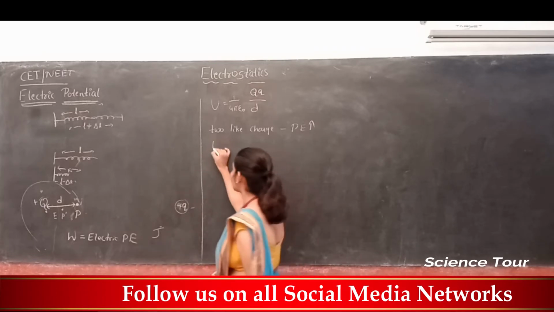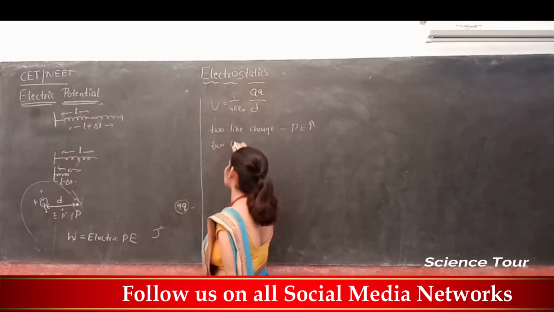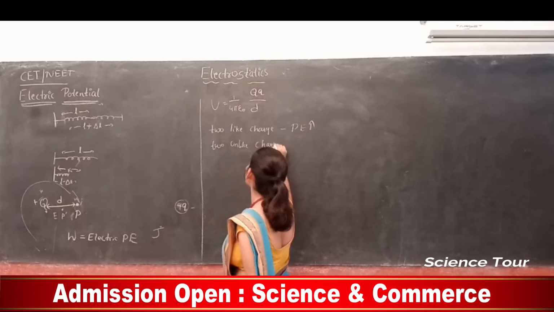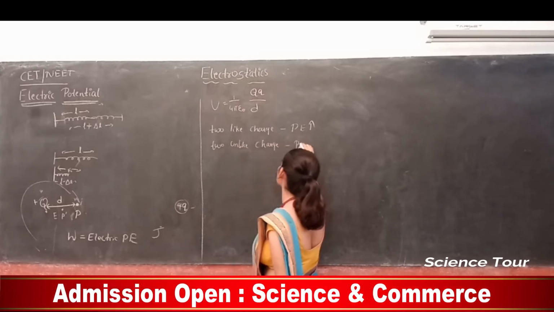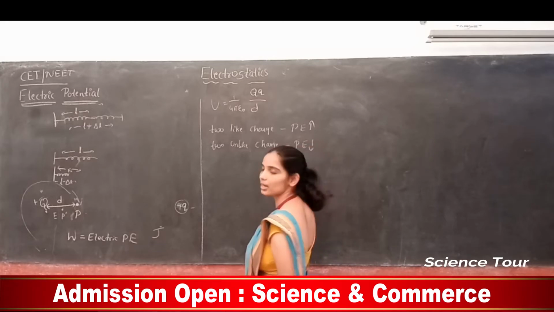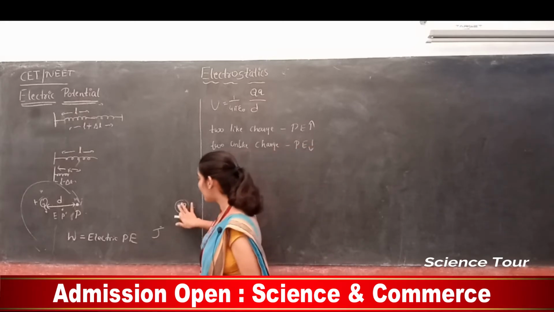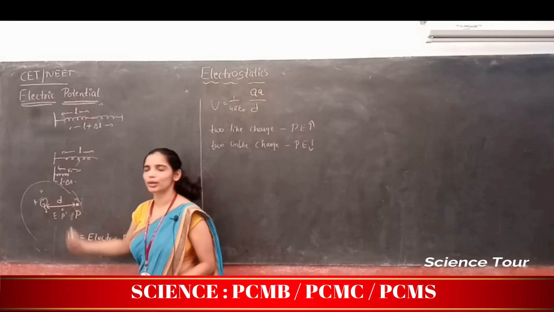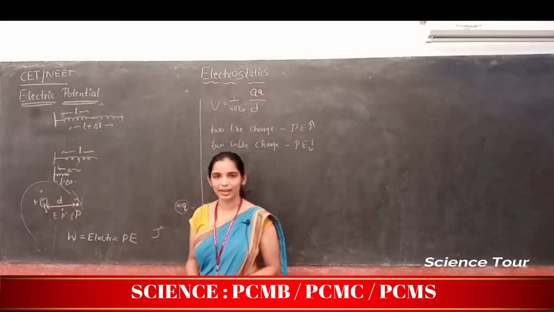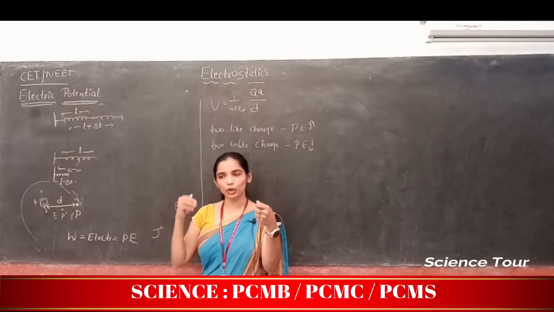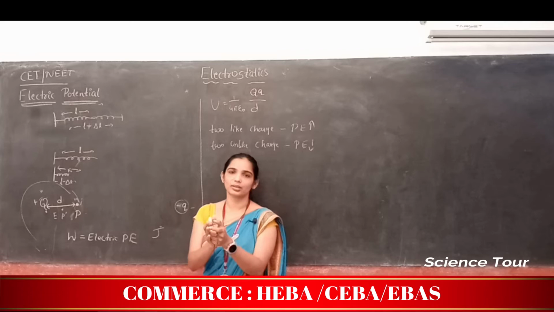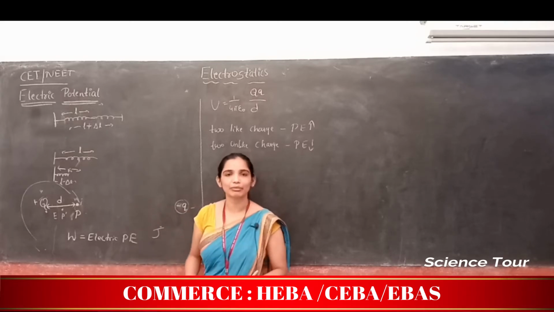When there are two unlike charges, potential energy will decrease, because if this is minus and this is plus, this itself will pull it towards it, correct? If one is a north pole and another is a south pole, they will themselves attract towards each other, so you don't have to apply force on it.